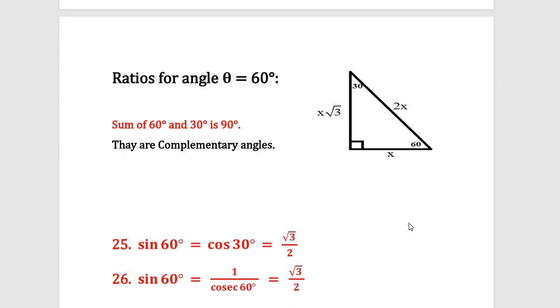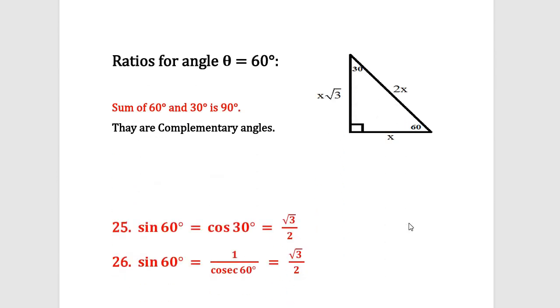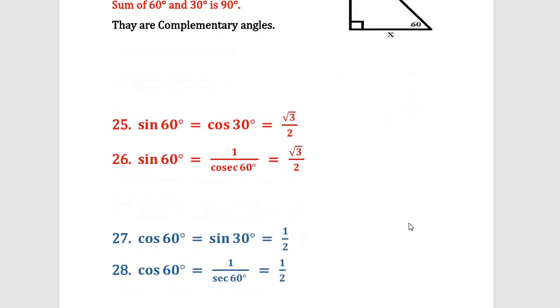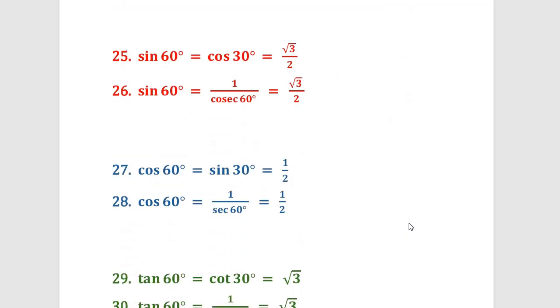Next, ratios for angle theta equals 60 degree. We know the sum of 60 degree and 30 degree is 90, so they are complementary angles. So we get sin 60 degree equals cos 30 degree equals square root of 3 by 2.